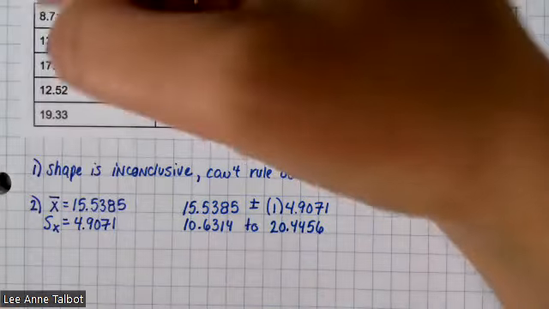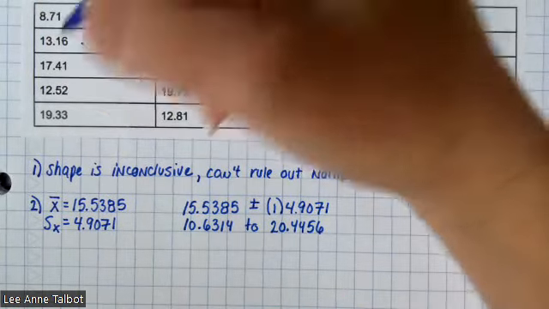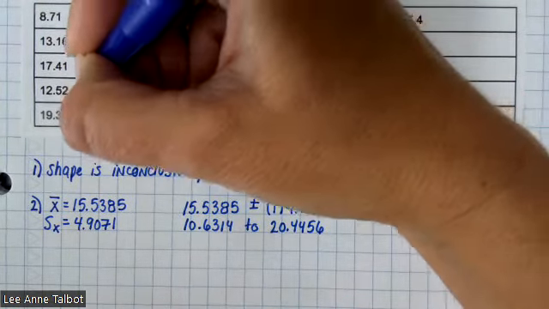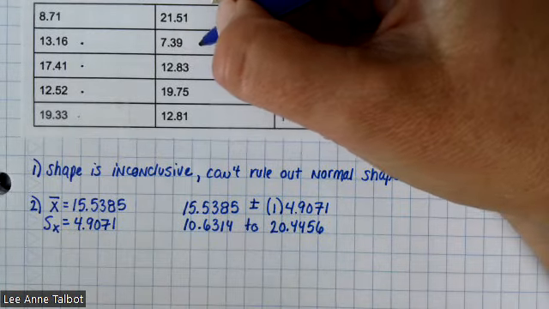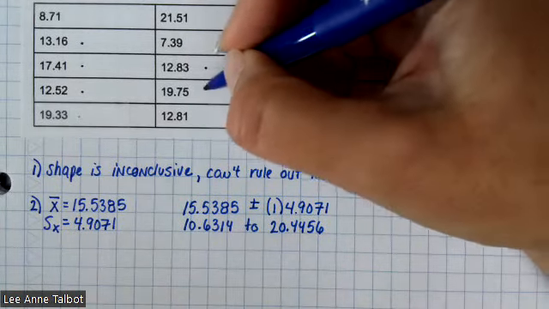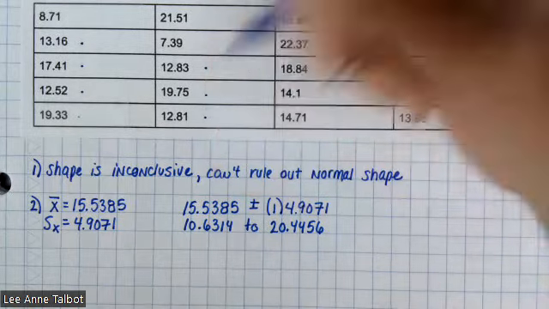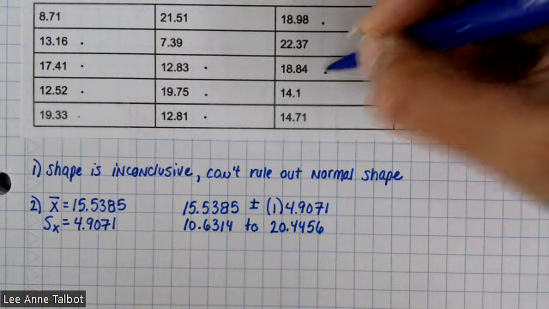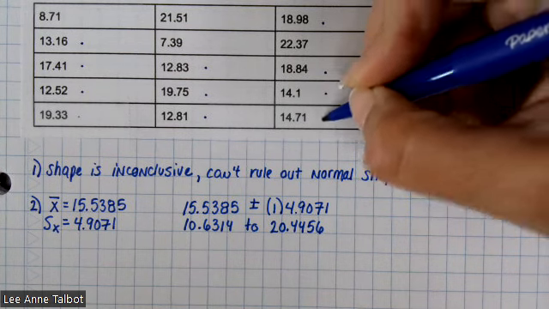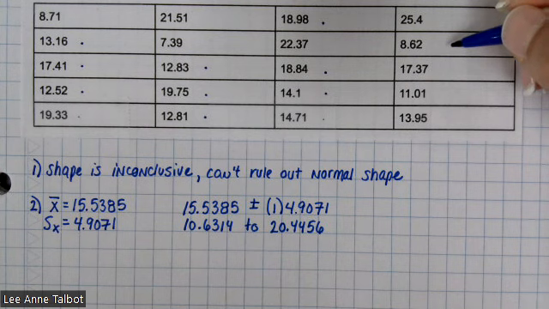Okay, let's see. 1, 2, 3, 4. Nope. Nope. 5, 6, 7, 8. Nope. 9, 10, 11. Nope.